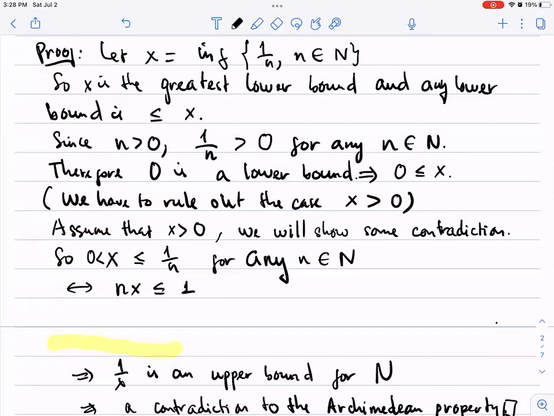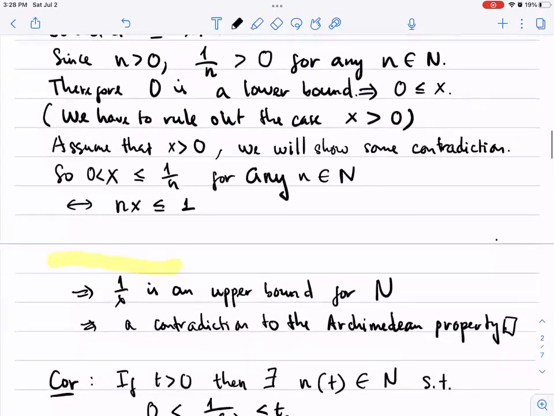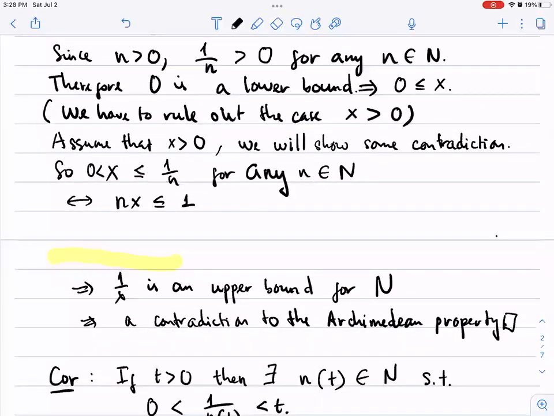Now, let's assume that x is strictly bigger than 0. We will show some contradiction. Again, proof by contradiction. So we have 0 smaller than x, smaller than or equal to 1 over n for any natural number n.